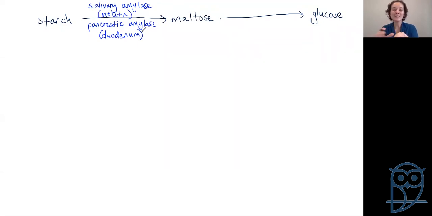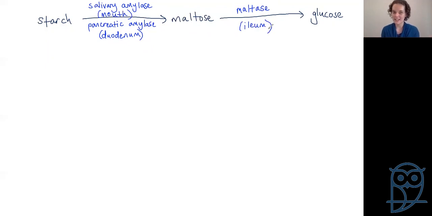Okay, so anyway, we've got to maltose, but maltose has to get to glucose before we have absorption, and we have maltase. So ASE, often remember an indication we are working with an enzyme. They like to end enzyme names in ASE. Where does this happen? This happens in our ileum. So duodenum, ileum, both part of the small intestine.